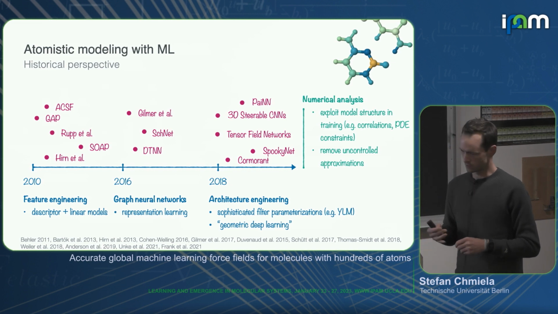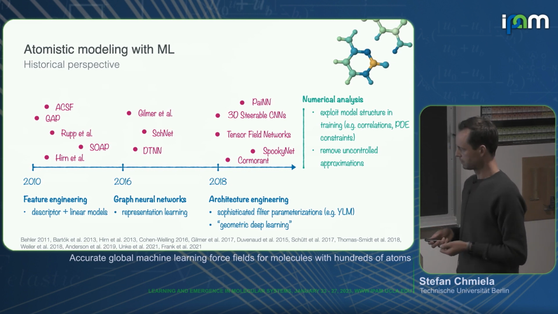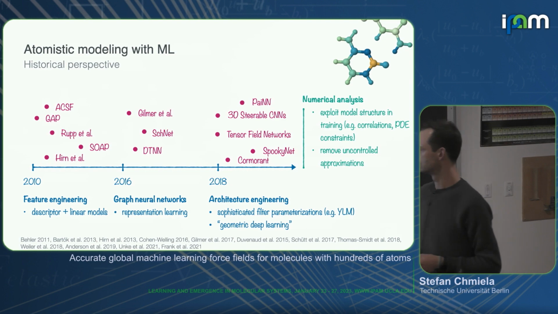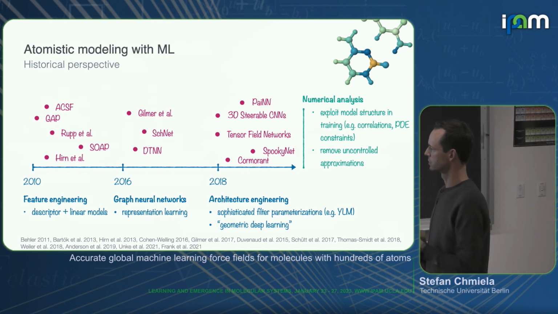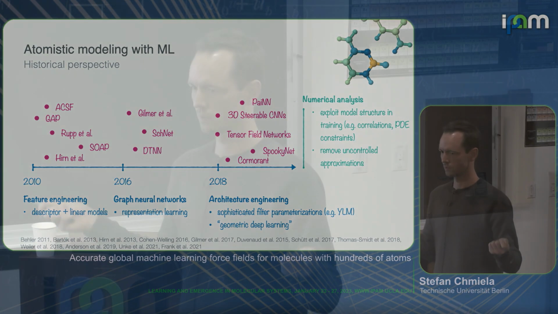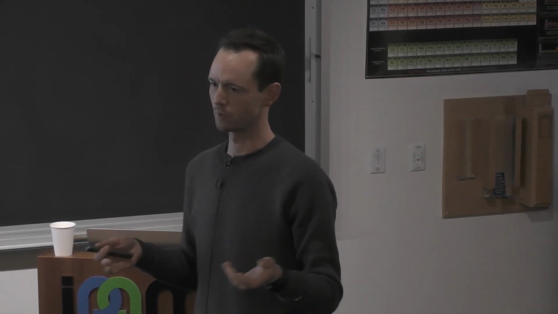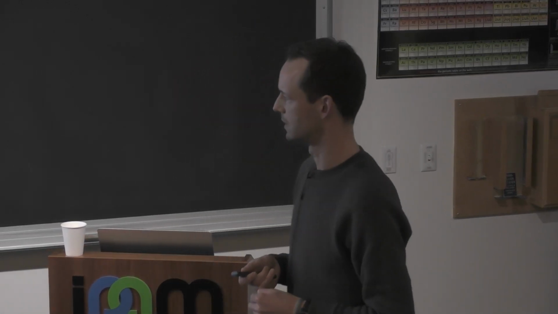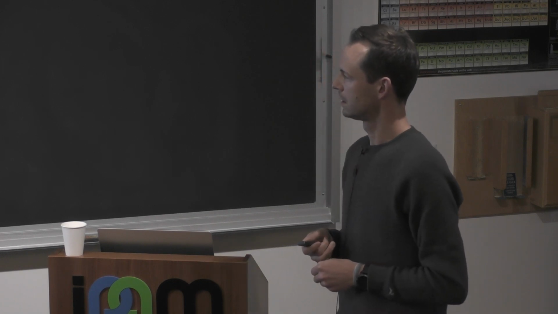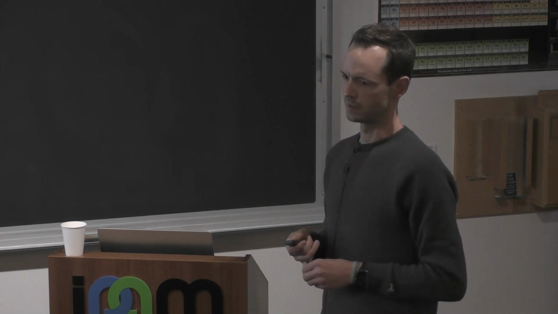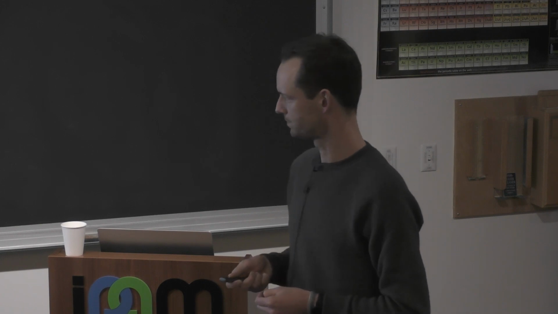And those performance improvements can then be used, for example, to remove those uncontrolled approximations that I talked about in the beginning, for example, locality assumptions that are now pervasive in many force field models.